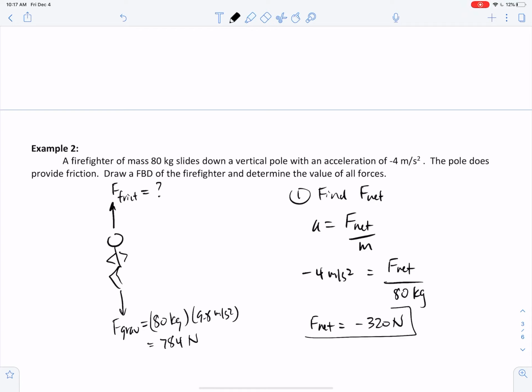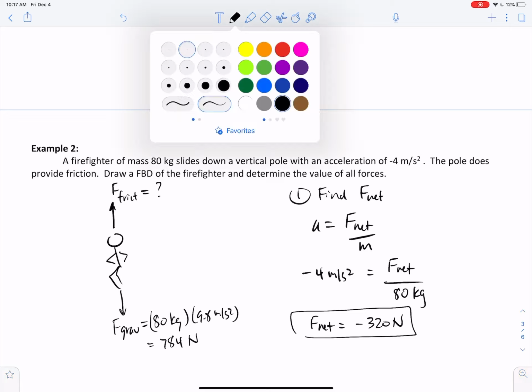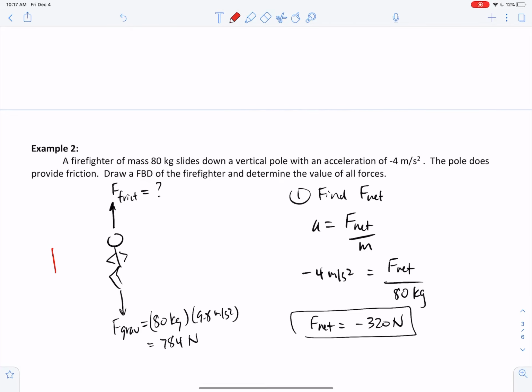Now, what's the negative all about? Well, that means it's down. So over here, I'm going to add my net force block arrow to show that it's 320 newtons in this direction, right? I'm not going to draw the negative here because the arrow is already being drawn down.